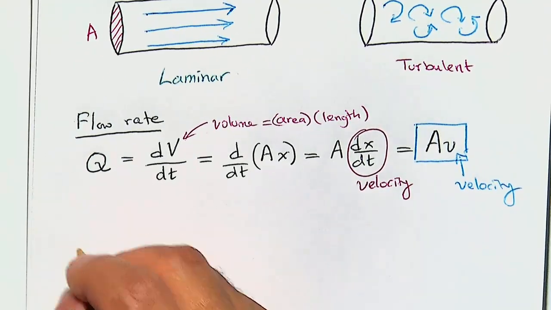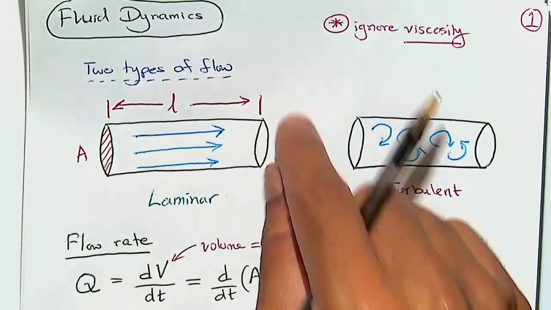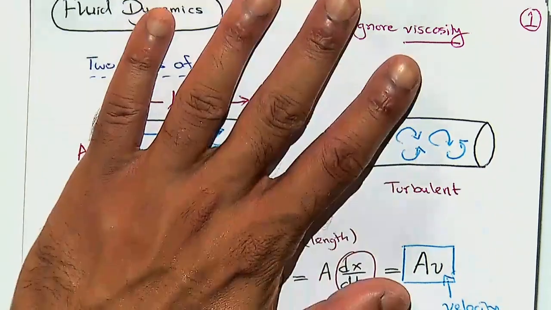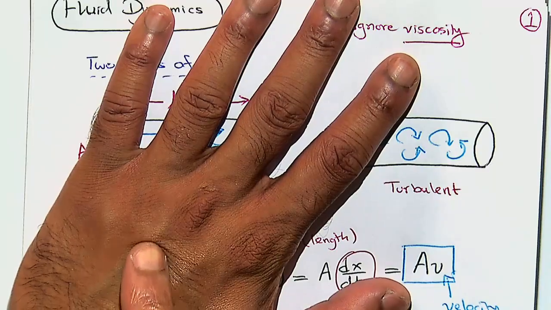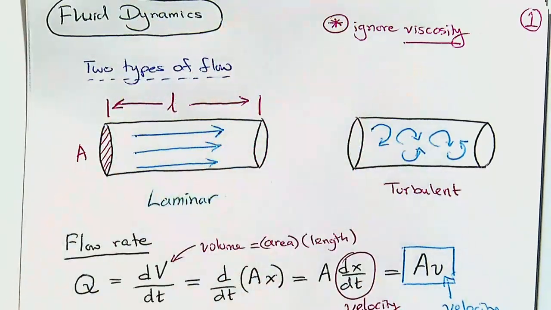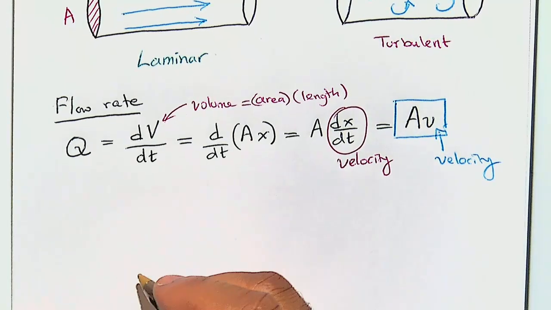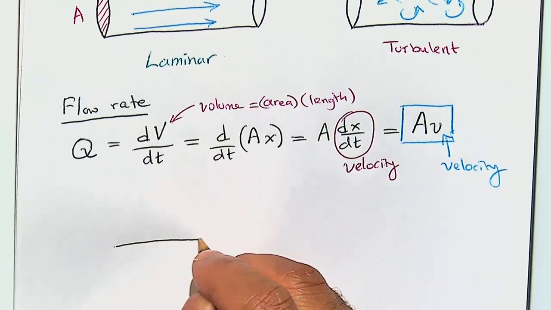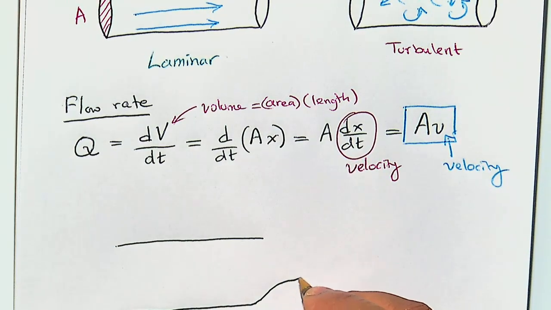Okay, so let's think about a situation where the pipe changes shape, right? If you look at the veins in your hand or your body, it's not a single pipe that gets all the blood across your body, right? They change shape. So what if you have a situation where your pipe changes shape?